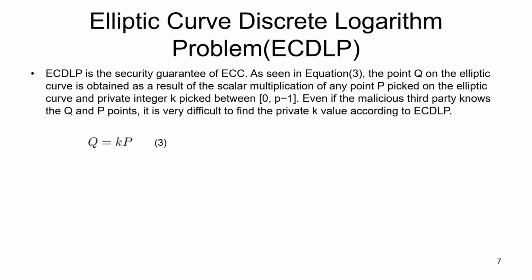Even if a malicious third party knows the Q and P points, it is very, very difficult to find the private key value according to ECDLP. It generally takes decades to find a private key.